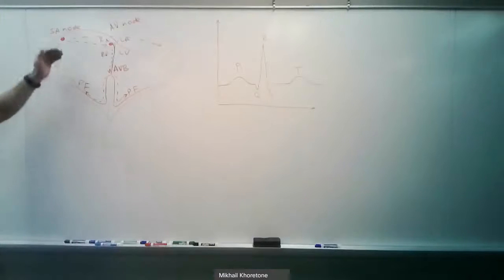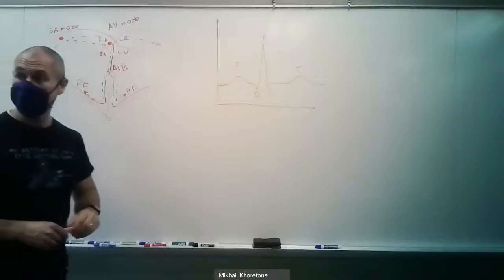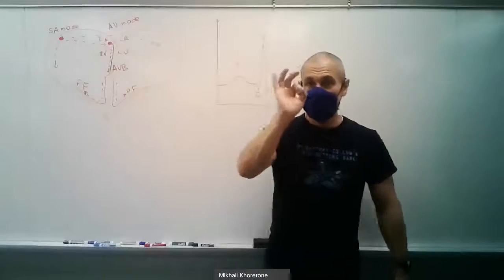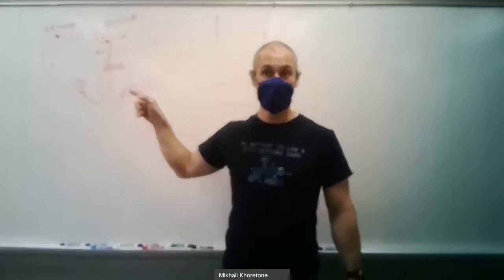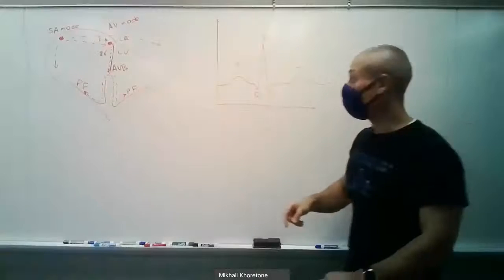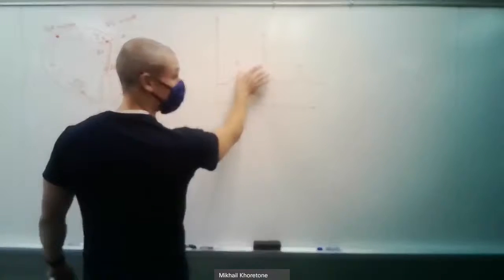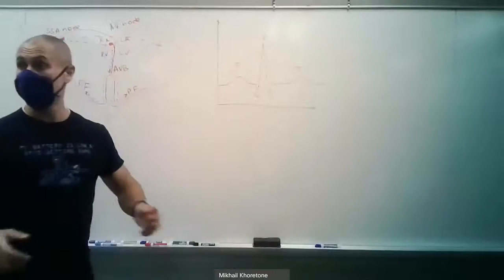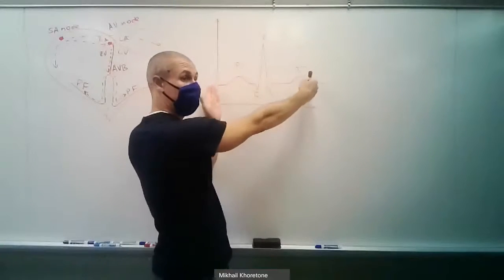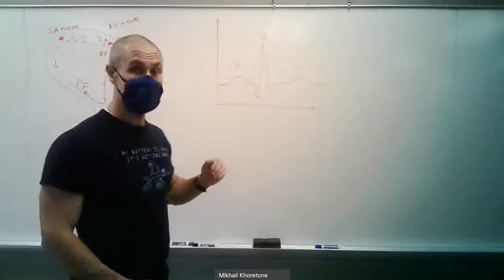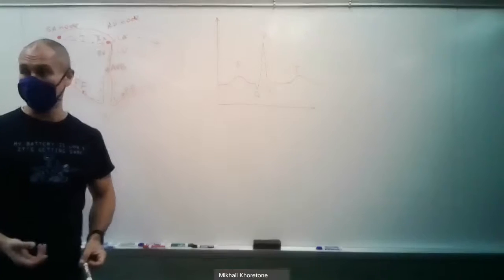The signal has to go through AV node to reach ventricles. If AV node is too narrow, how is it going to affect the time that it takes for the signal? It slows down. Now, what reflects that time on EKG? PR interval. So if you have a problem with AV node, PR interval will be extended. Does that make sense? This is called AV block, grade 1.